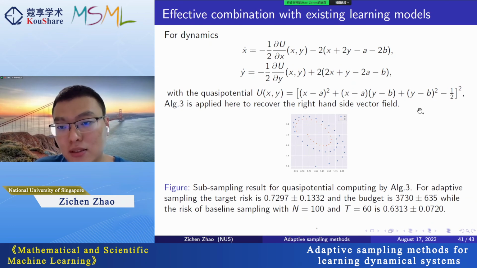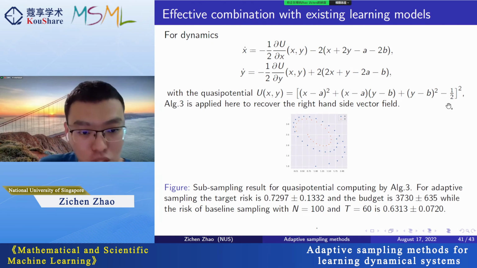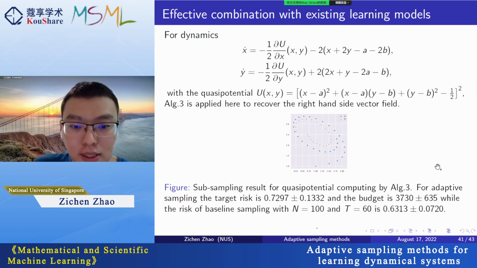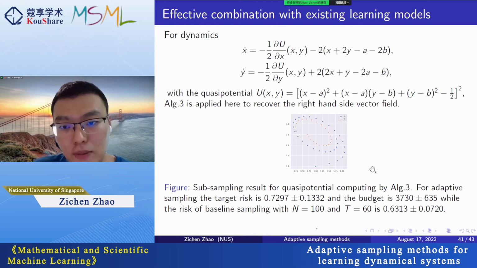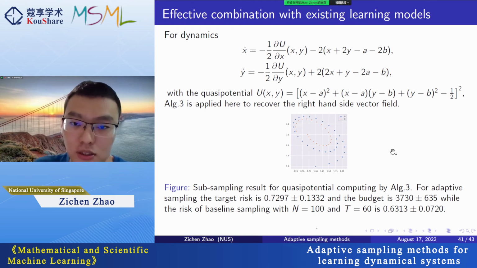And the learning method is selected as the data-driven quasi-potential method, which I introduced before using the vector field decomposition. So in this case, since the network is very complicated, we need many data as input.